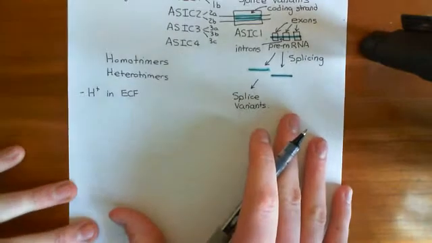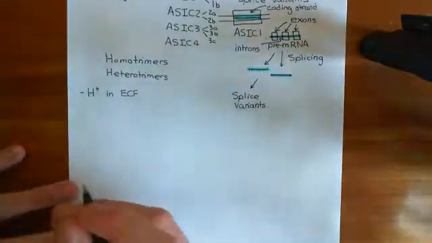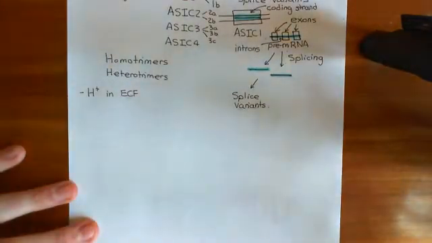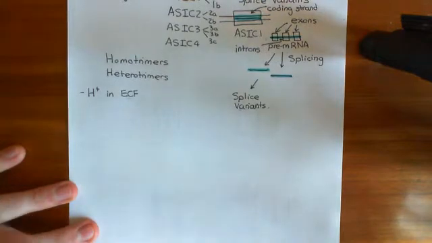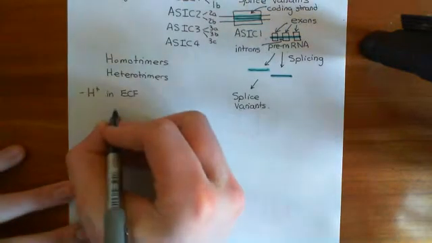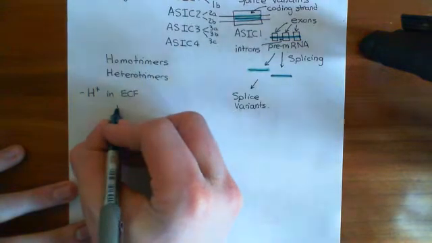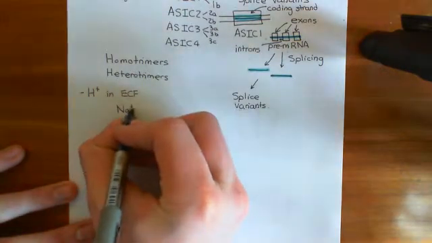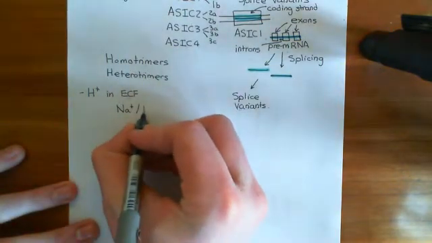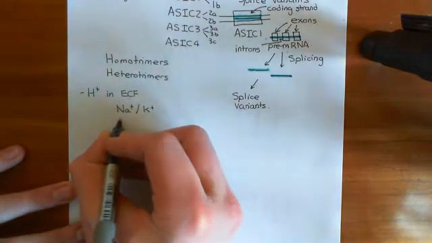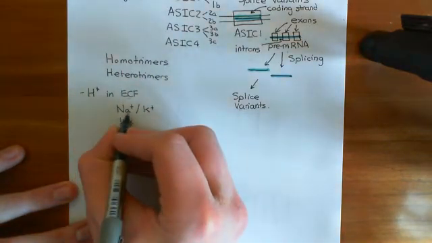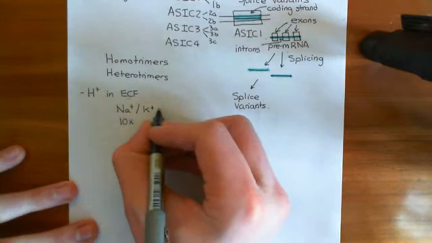Okay, right. So what's going to happen then to the electrical potential difference of the cell membrane when we open these channels? Well, they are permeable to sodium ions. They're permeable also to potassium ions, although they're about 10 times more permeable to sodium ions than they are to potassium ions.